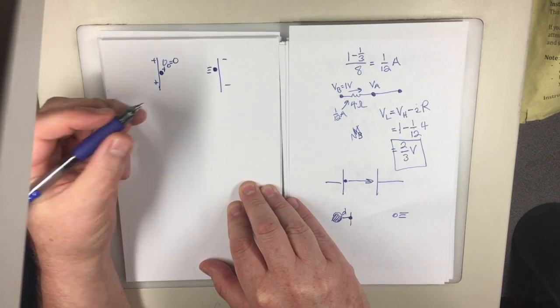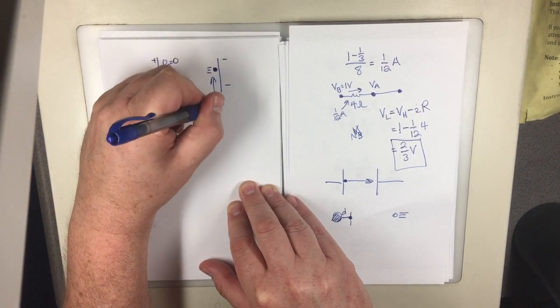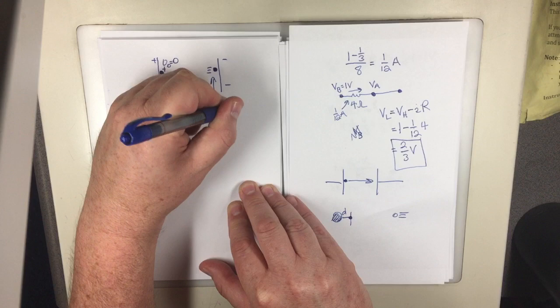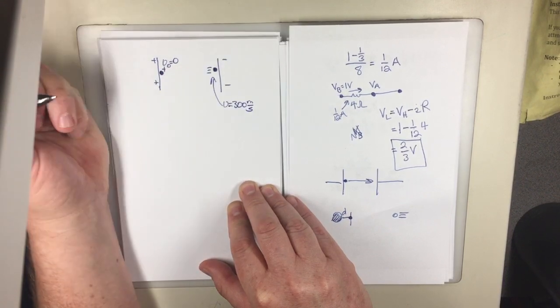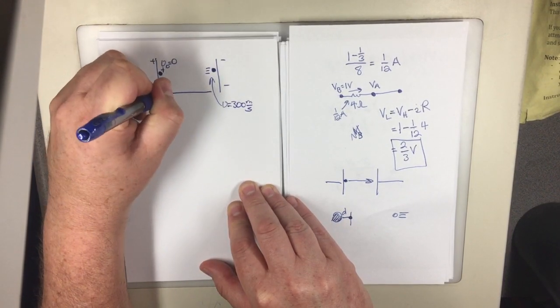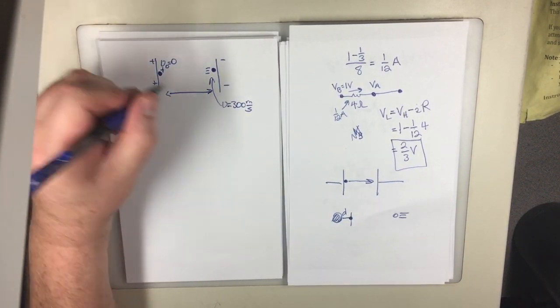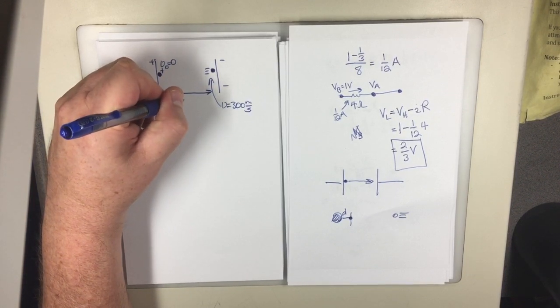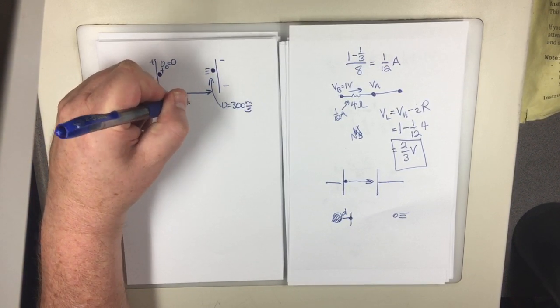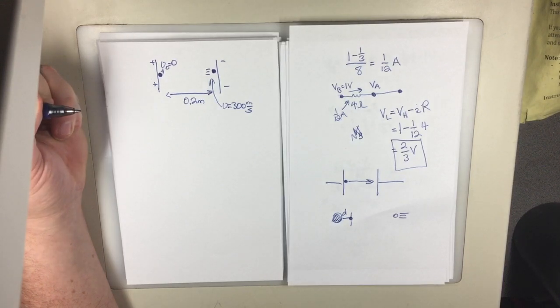The velocity there is 300 meters per second. The distance is 0.2 meters.